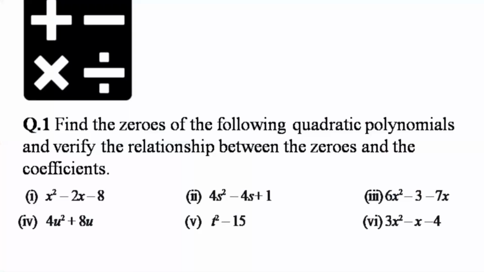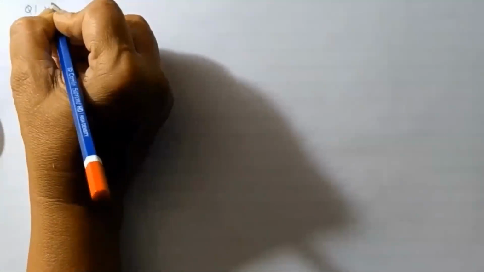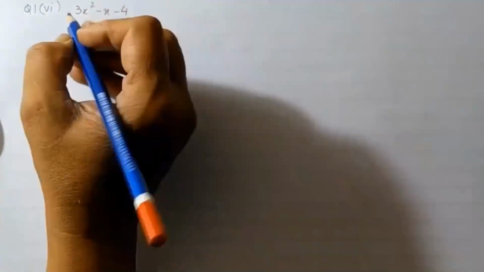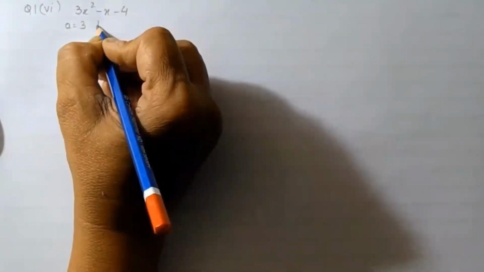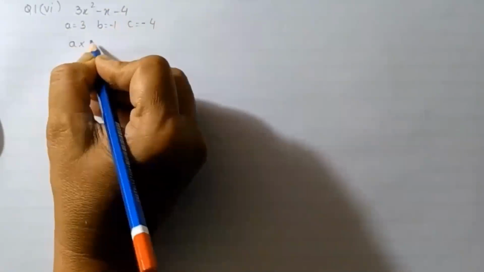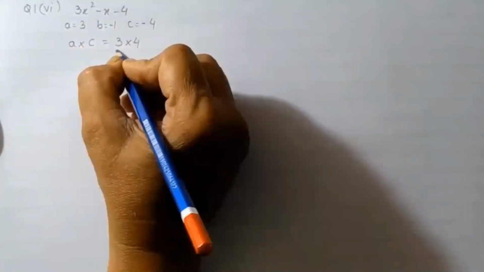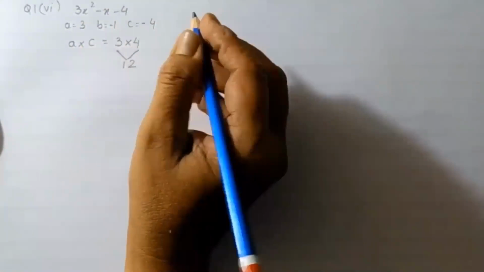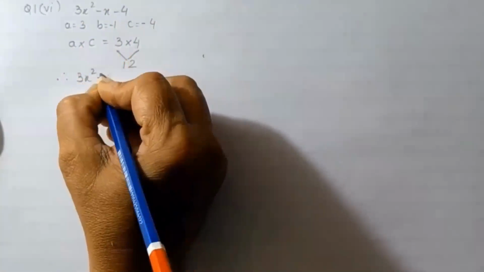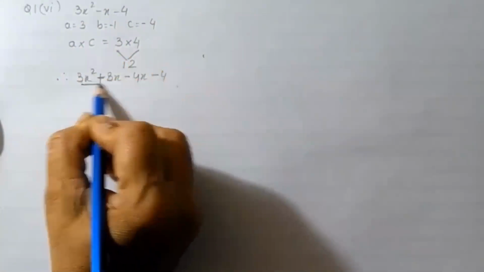Now let us do the last sum of question 1: 3x square minus x minus 4. A is equal to 3, B is equal to minus 1, C is equal to minus 4. A multiplied by C is equal to 3 multiplied by minus 4. We have to find the factors. So 3 into 4 is 12, and the factors that we get should be 3 and 4, right?